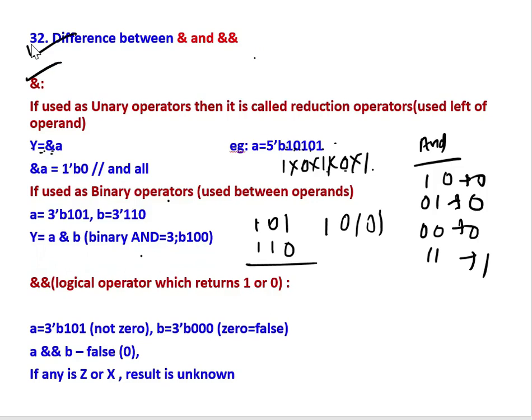Single AND, if it is used as a unary operator, meaning only a single operand is there, is called a reduction operator. So if you write Y = &A, here only one operand A is there, so it will act as a reduction operator. A equal to 5 bit 10101, so it will AND all the bits.